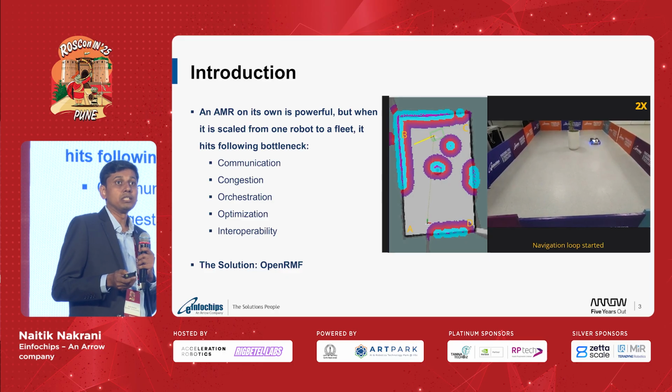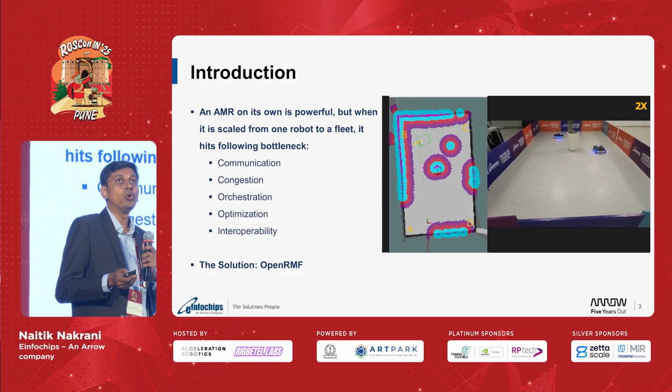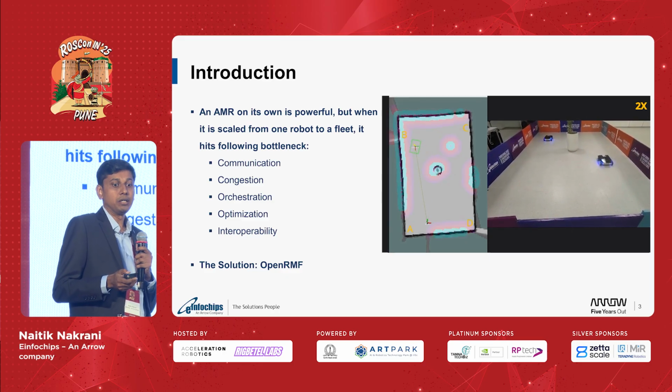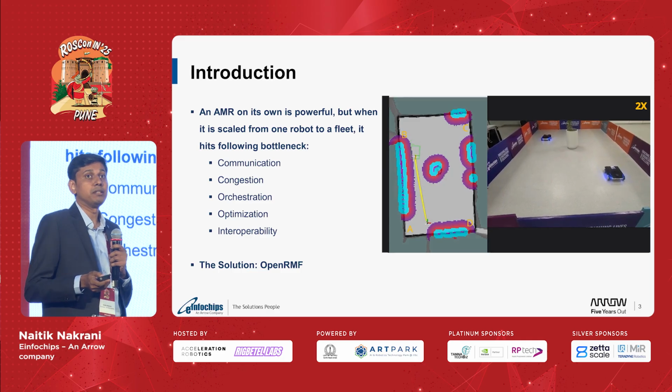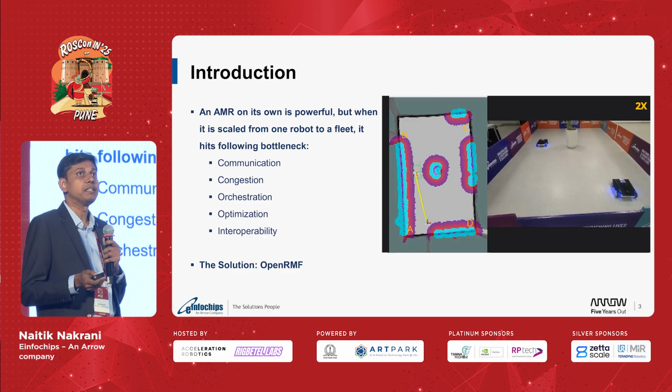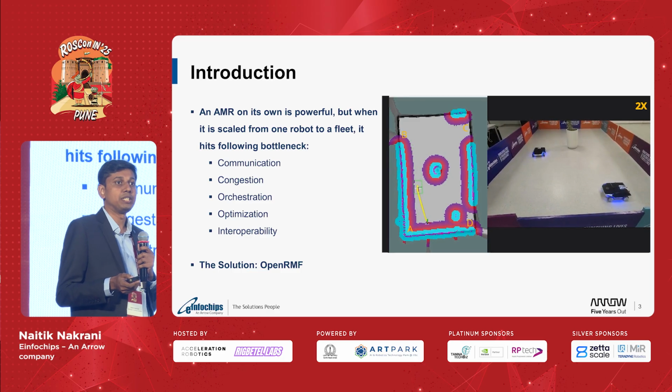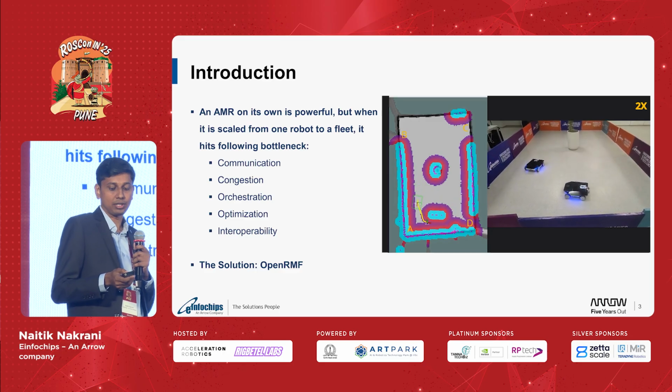Then congestion: these robots are stuck; they don't know where to go. And orchestration, where nobody is there to guide one robot which goes fast, which goes left, which goes right.